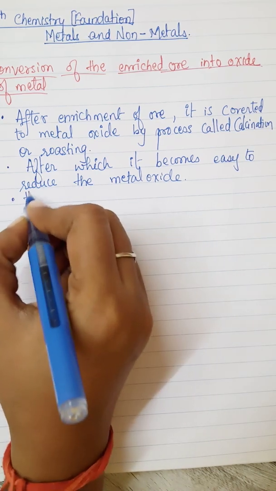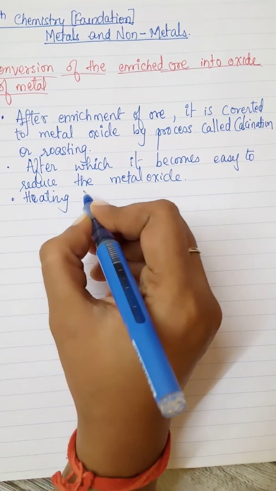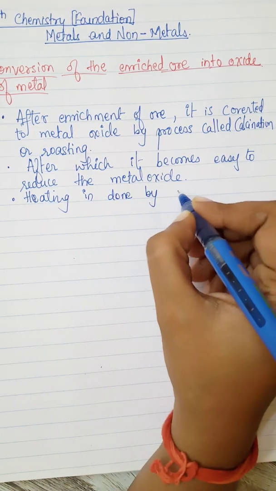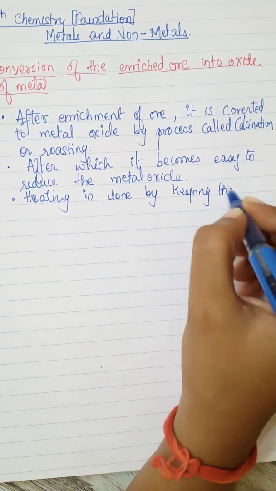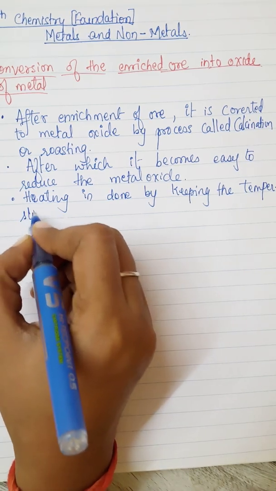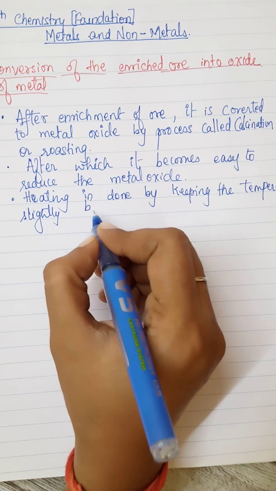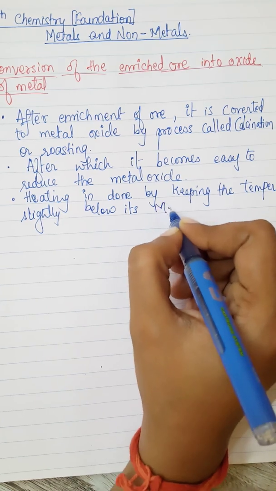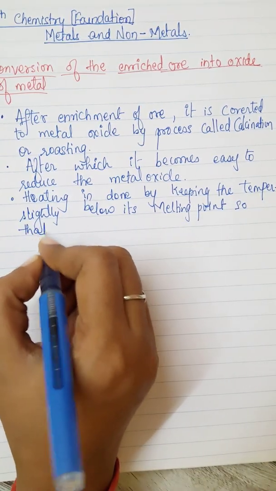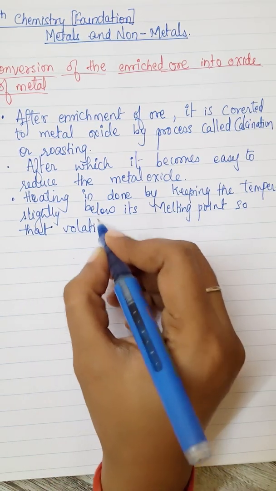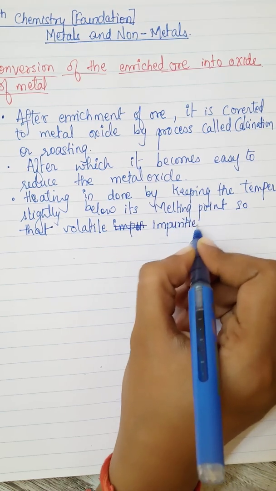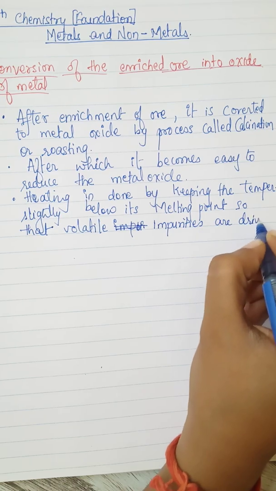So heating is done by keeping the temperature slightly below its melting point, so that volatile impurities are driven off.